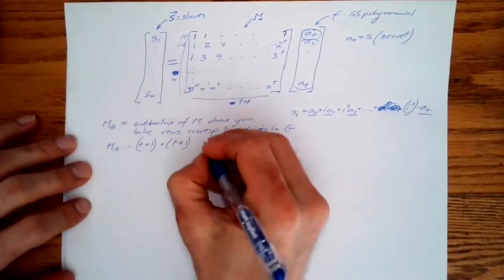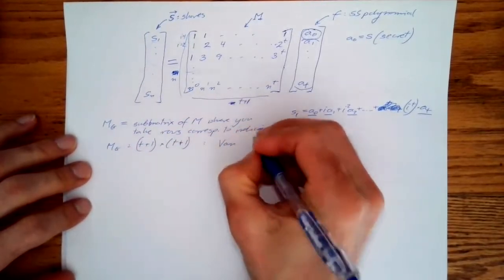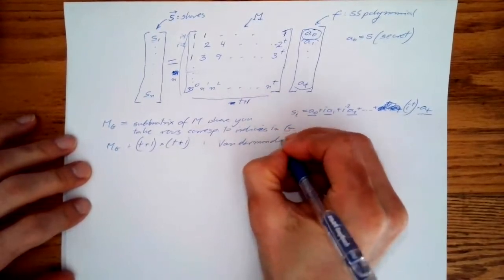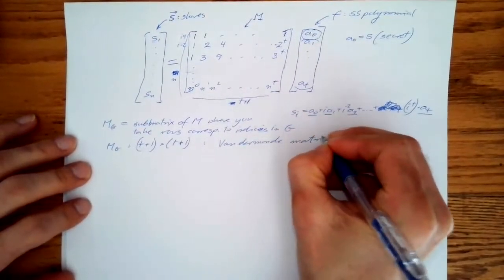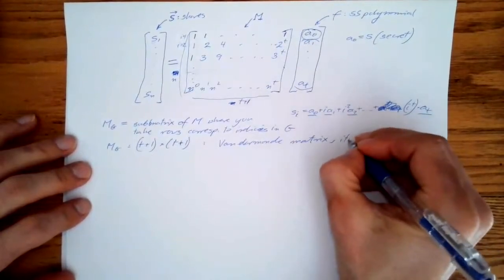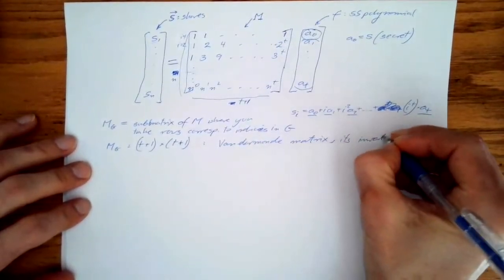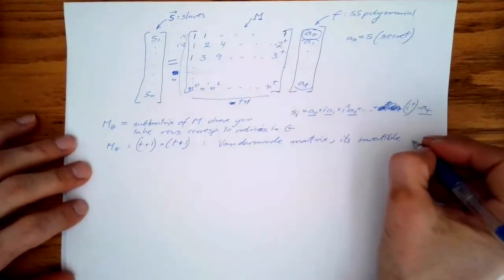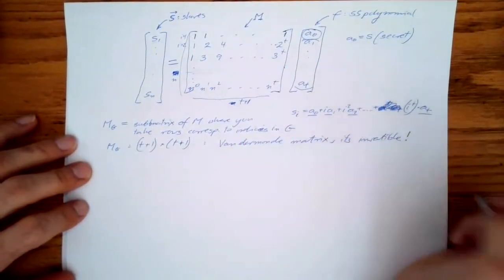This is called a Vandermonde matrix, and it's always invertible.